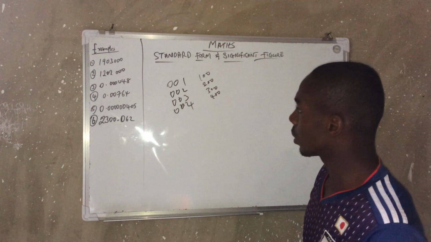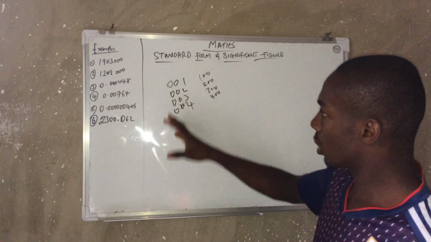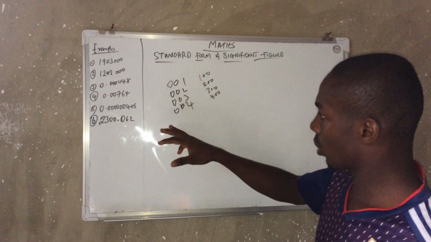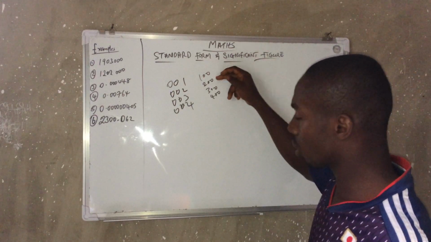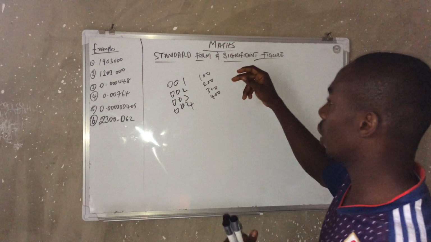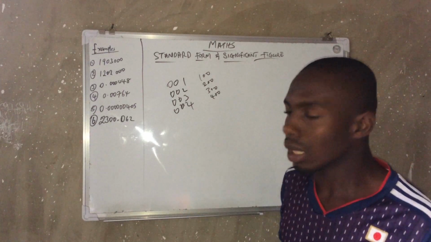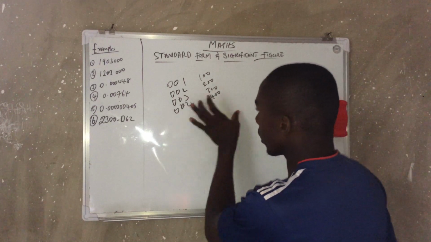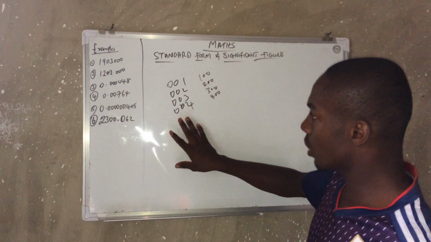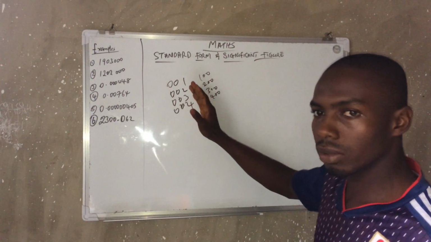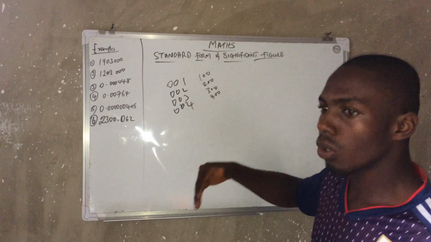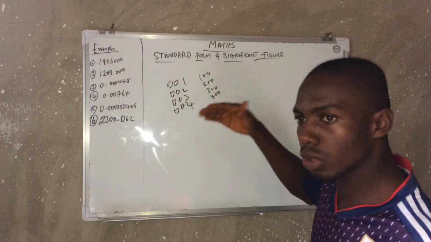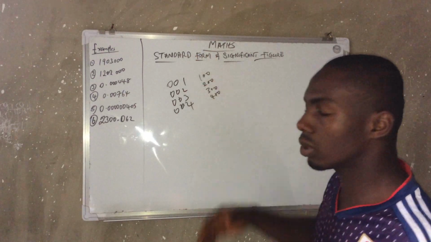Where am I going to? Here you call this 1, you call this 2, you call this 3, you call this 4. But here it is not the same. You call this 100, you call this 200, you call this 300, you call this 400. The zeros that came before the tangible counting units do not add any meaning to these counting units.